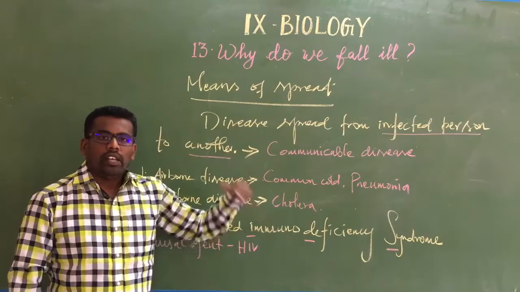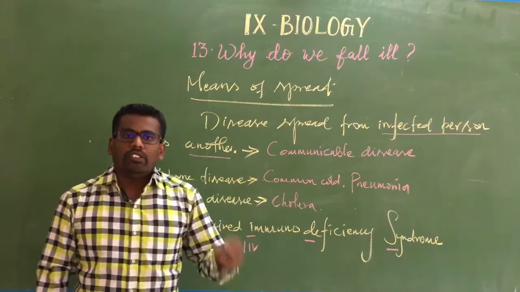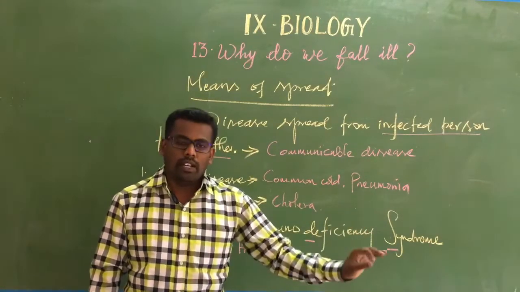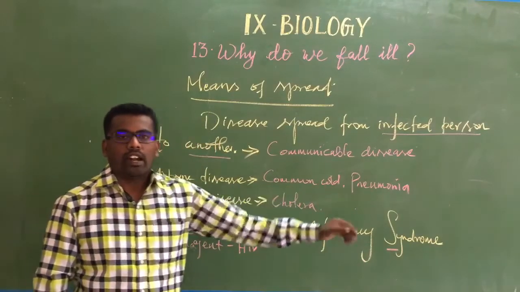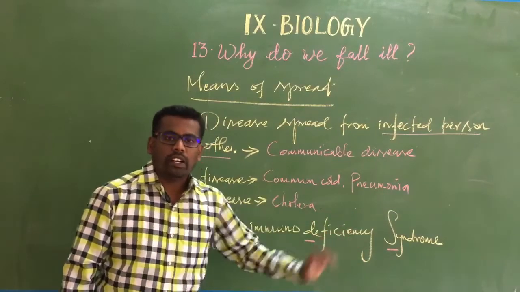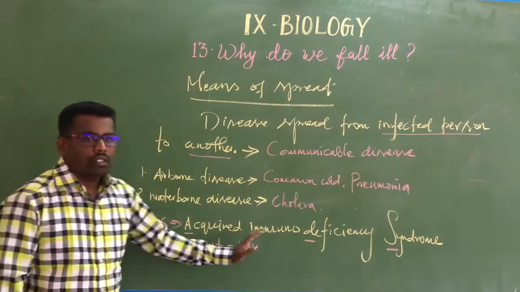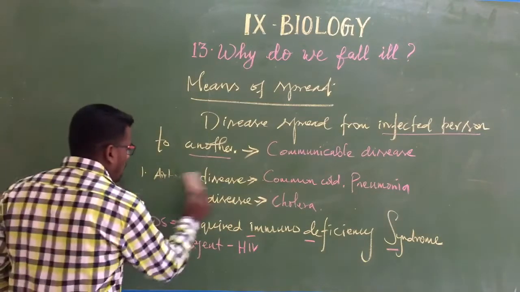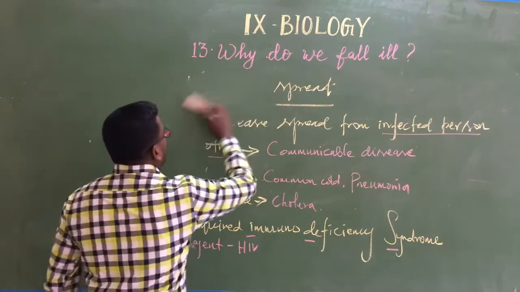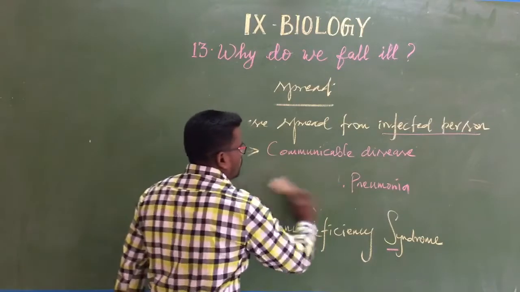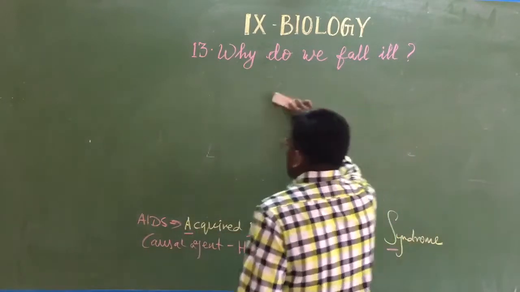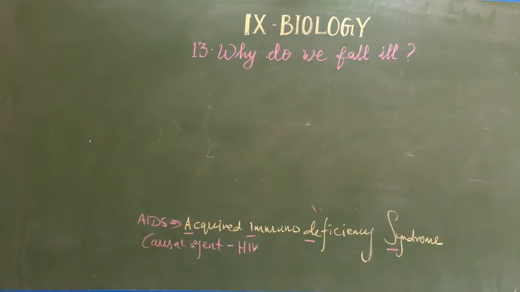When an infected person has sexual contact with another, the virus may transmit. So is this the only way AIDS is transmitted? No. There are some other ways of transmitting AIDS.